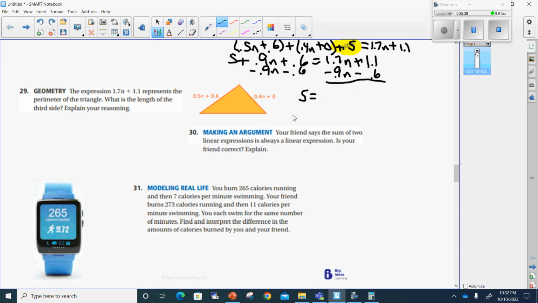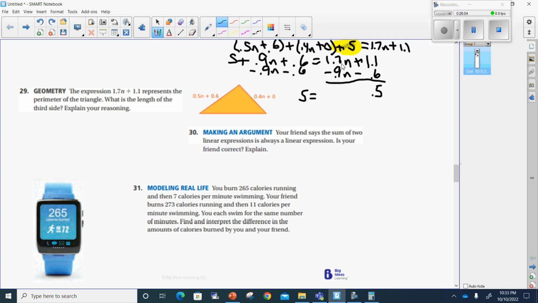And the last side has to be, well, 1.1 minus 0.6 is 0.5. Yeah, when my signs are different, I find the difference. 1.1 minus 0.6 is 0.5. And then when my signs are different again, I find the difference.